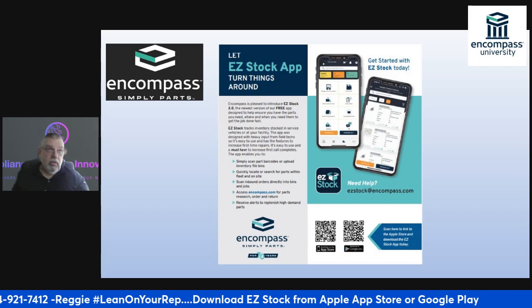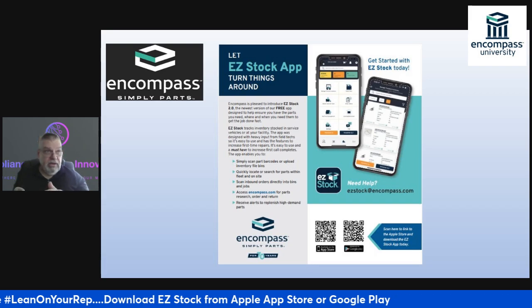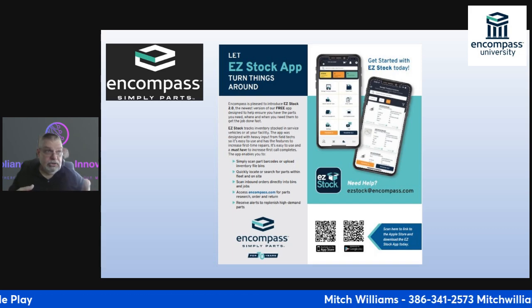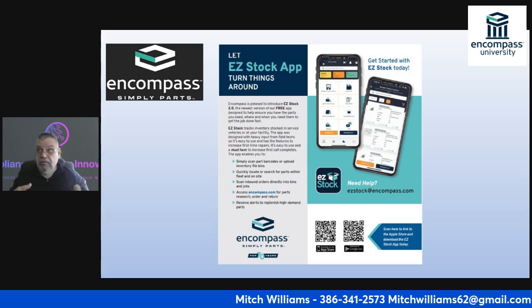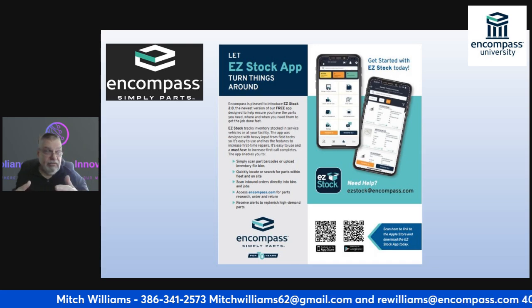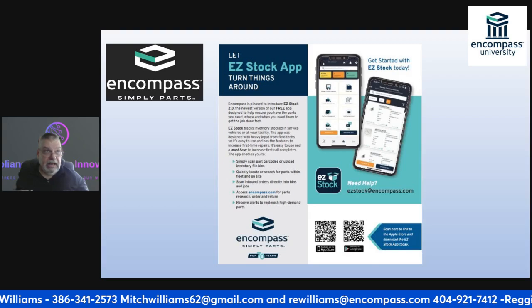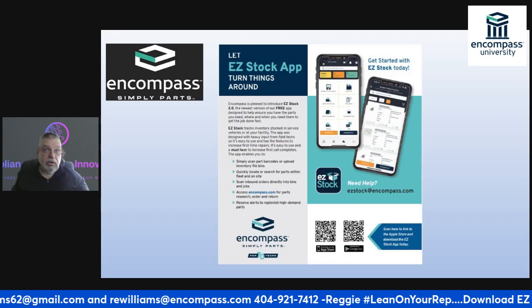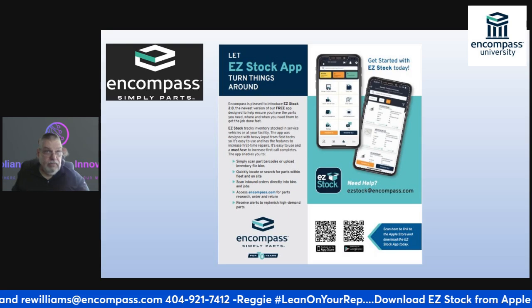If I have more than one location, let's say it's me and a partner, and we have parts at our homes and a storage shed, I can put 5 different places that I have parts, and I know where those parts are. It's a great inventory usage.